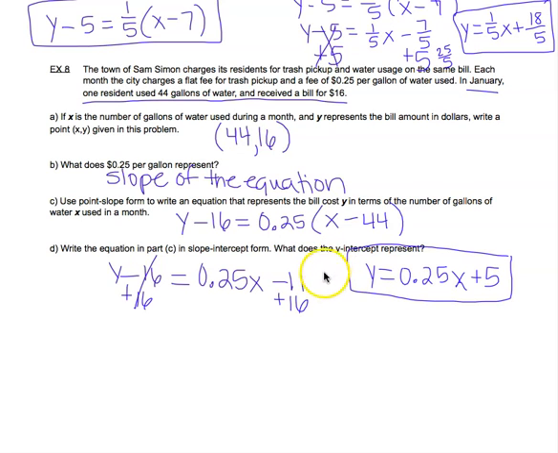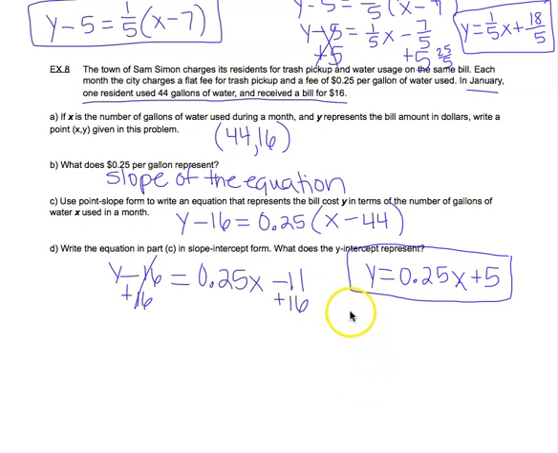So think about y-intercept is when x is 0. So means if water usage was 0, the charge would be $5. Now, this also, remember, would represent a flat fee. Look at what's given to us in the problem. It says the flat fee is for trash pickup.